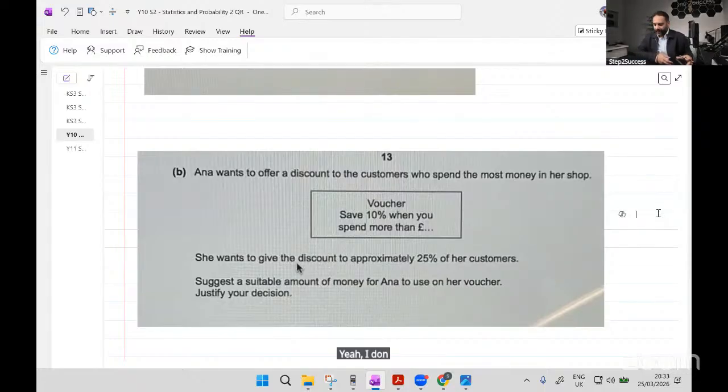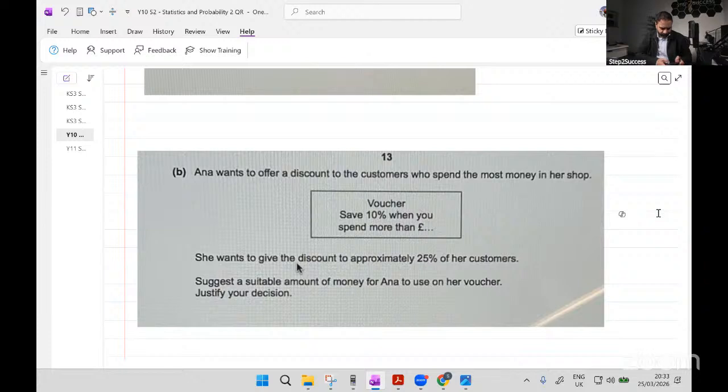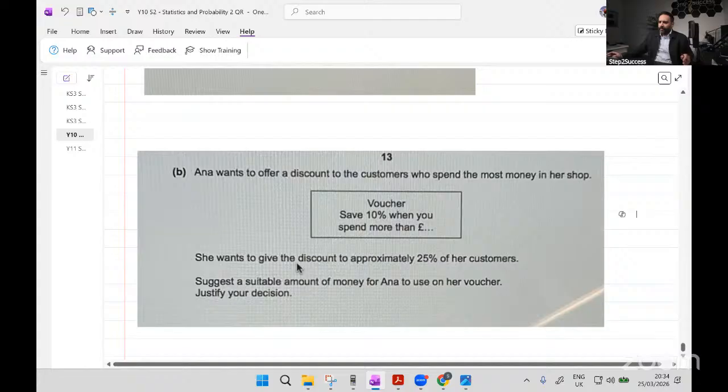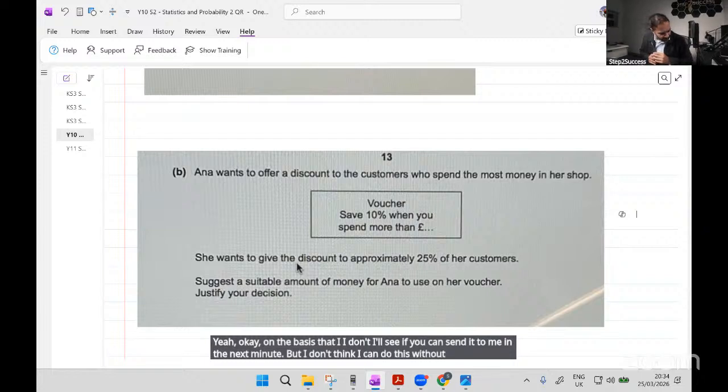I don't think I can do this without part A. I think part A will tell me some information about what people spend in the shops. I'll see if you can send it to me in the next minute. But I don't think I can do this without knowing more information about whatever part A would have been.